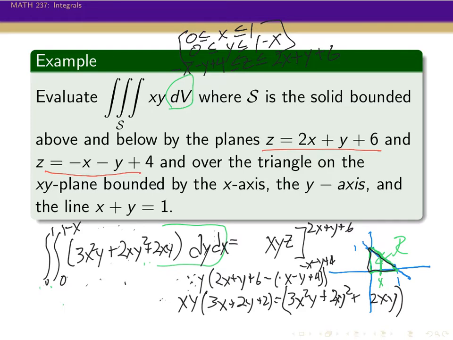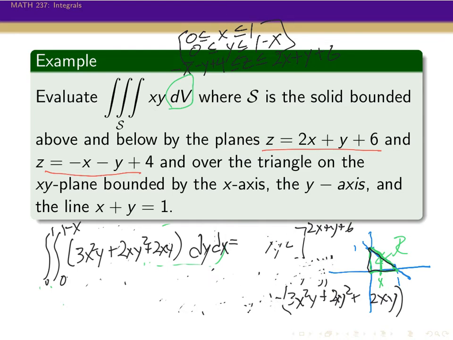And so now we're doing this inside integral in terms of y. So let's erase this all up. Now I think we can clear out this region.